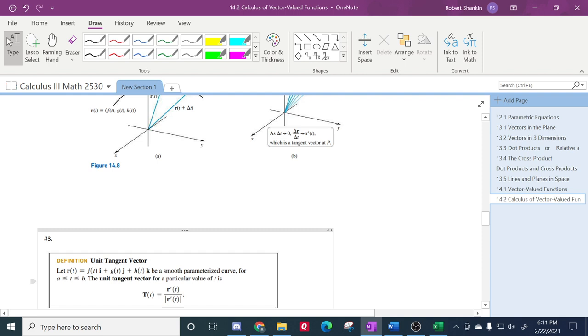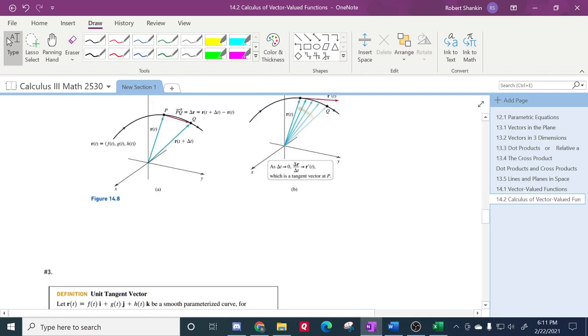For t between a and b, the unit tangent vector is r'(t), but turned into a unit vector by dividing it by its magnitude. And so the unit tangent vector is a vector that's always telling you the direction of travel, but it's not telling you anything about the speed, because it's as if you're going at a speed of 1 the whole time.